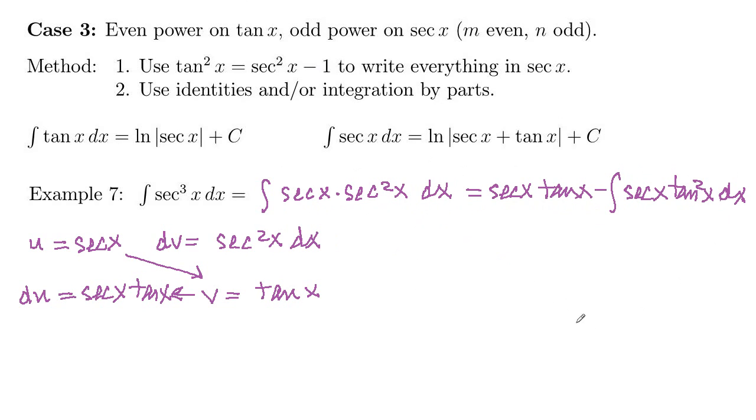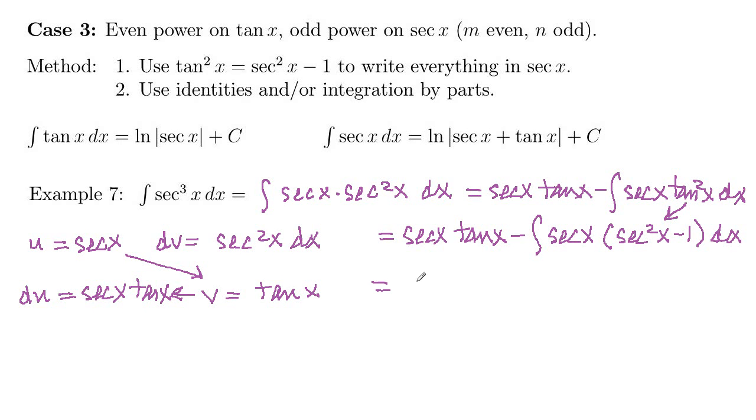There we go. And then we want to write everything in terms of secants using tan squared is secant squared minus 1. So we swap this tan squared out for secant squared x minus 1 dx.